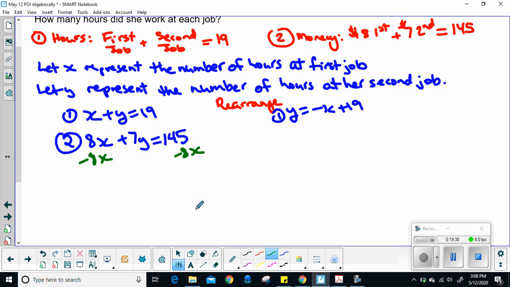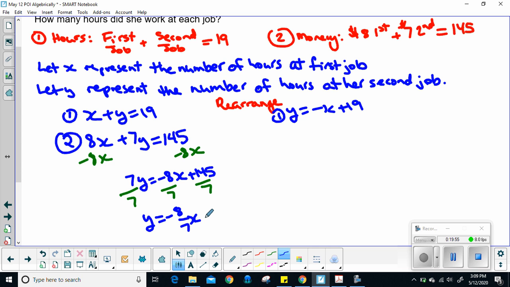That leaves us with 7y equals negative 8x plus 145. We're going to divide everybody by that 7. So each term gets divided by the 7. So y equals negative 8 over 7x plus 145 over 7.